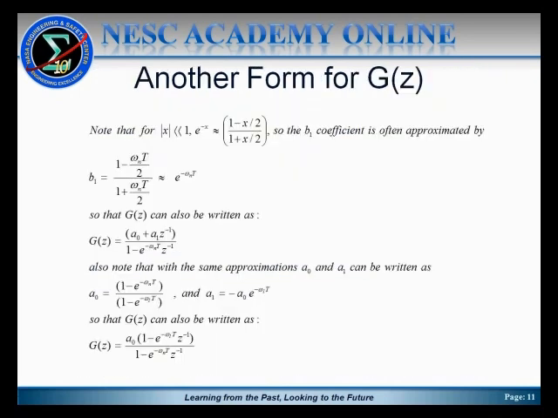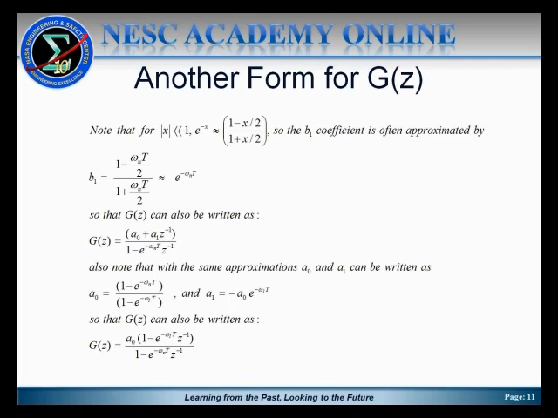You can also write another form for g of z that we showed on the previous slide for just a simple lead lag, and sometimes you'll see this, so I'll present it just so it won't catch you by surprise if you happen to see a discrete filter for a lead lag implemented in this form. As shown before, recall that for the magnitude of x less than 1, you can write e to the minus x as 1 minus x over 2 divided by 1 plus x over 2.